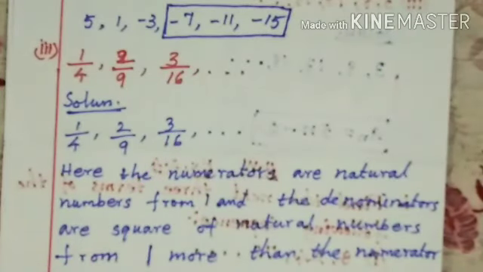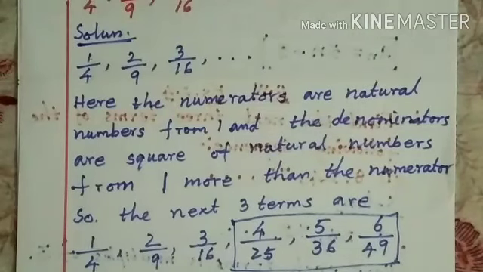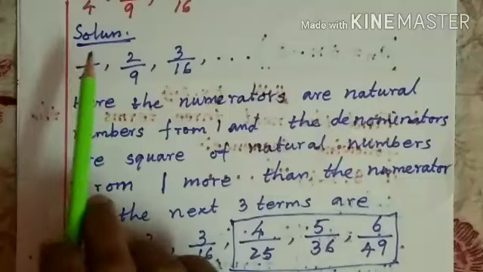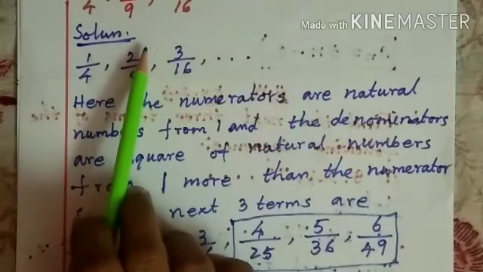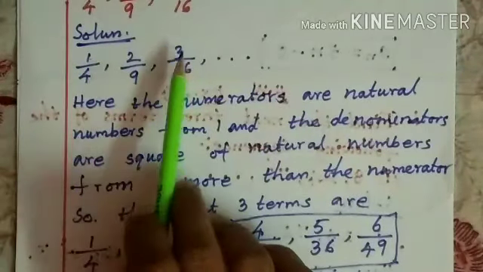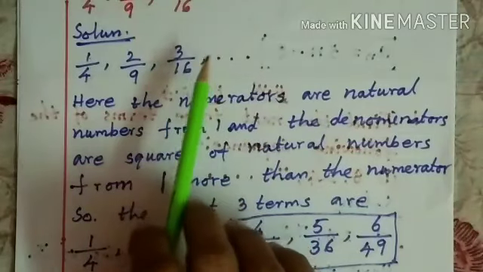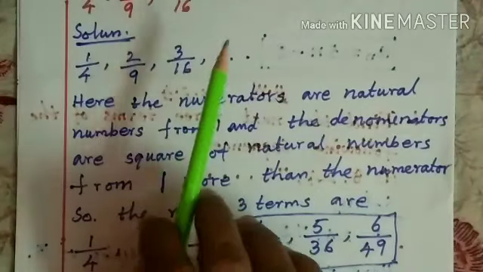Here the numerator belongs to natural numbers and the denominator is a square number. That is, the denominator is one more than the numerator, and its square. 2 plus 1 is 3, 3 squared is 9, 3 plus 1 is 4, 4 squared is 16.